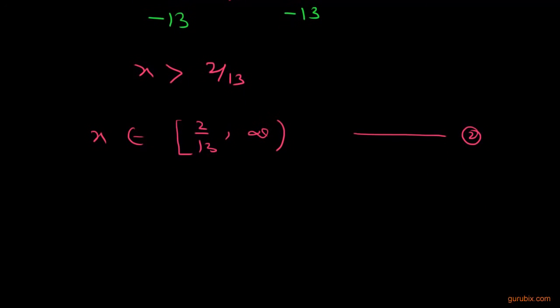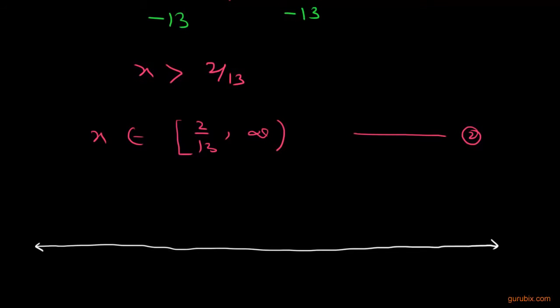And now we shall place both the intervals on a number line. So we have 2 points on it. This is 435 over 176, and here 2 over 13.